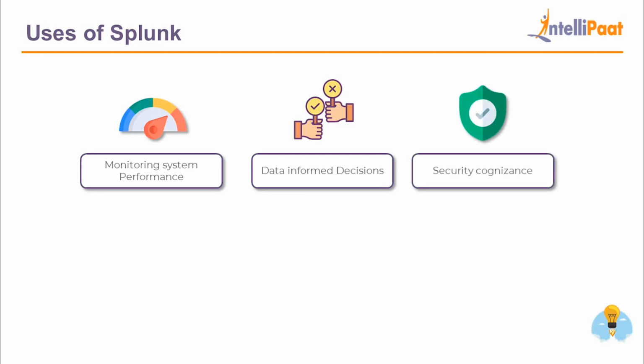So security cognizance. Basically, if you're monitoring any networking data, suppose you have a whole vast network of different servers interacting with each other, because in some multinational corporations, you'll have so many different servers, producing so much data because they'll be talking to each other. Maybe one instance is talking to the 100th instance, and the 100th instance is talking to the 1000th instance.